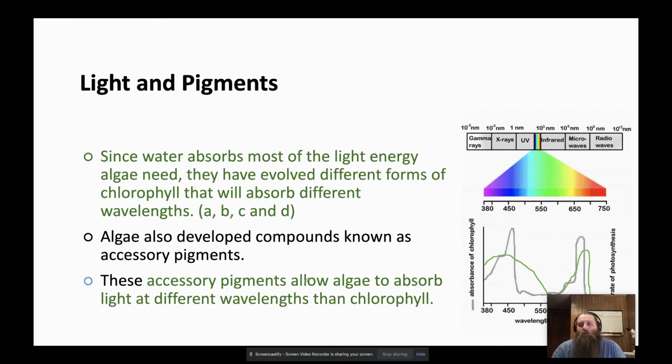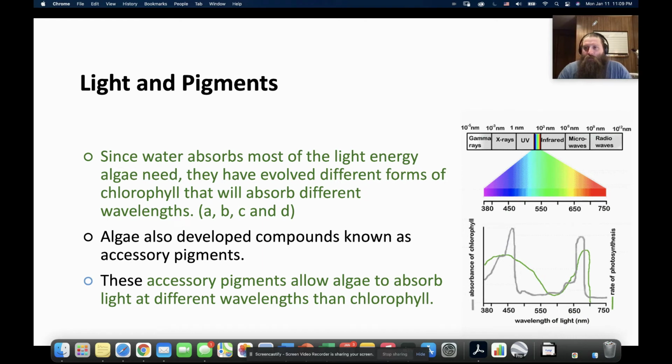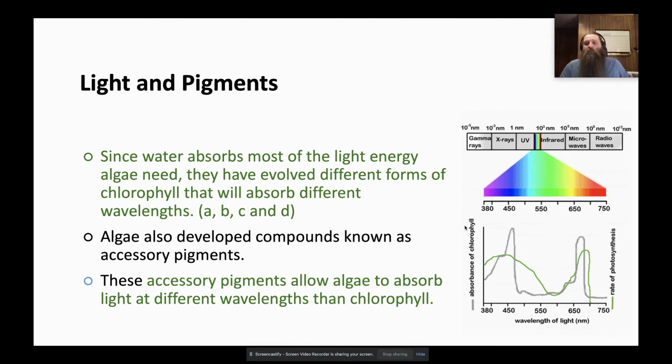And so if we look here at this graph, I'm going to move my face out of the way, we can see the wavelength of light for the blue, right there. So this blue wavelength of light, we're getting quite a bit of energy. But then when we get over here in the green section, we're not getting a whole lot of energy.